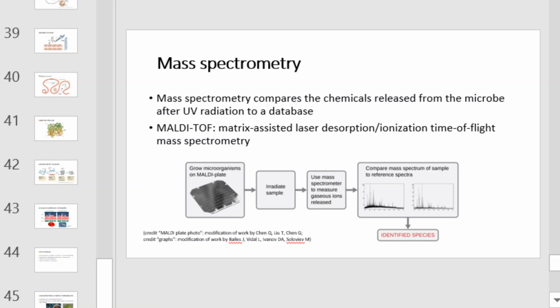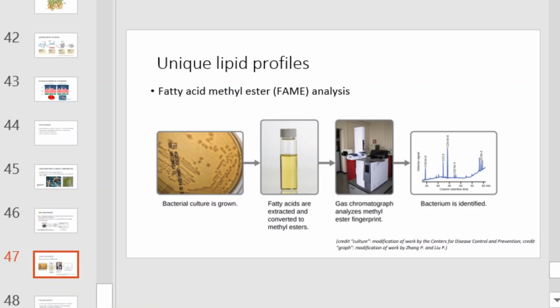Mass spectrometry compares the chemicals released from the microbe after UV radiation to a database. Matrix-assisted laser desorption ionization time-of-flight mass spectrometry is an example that is often used in microbial ID.